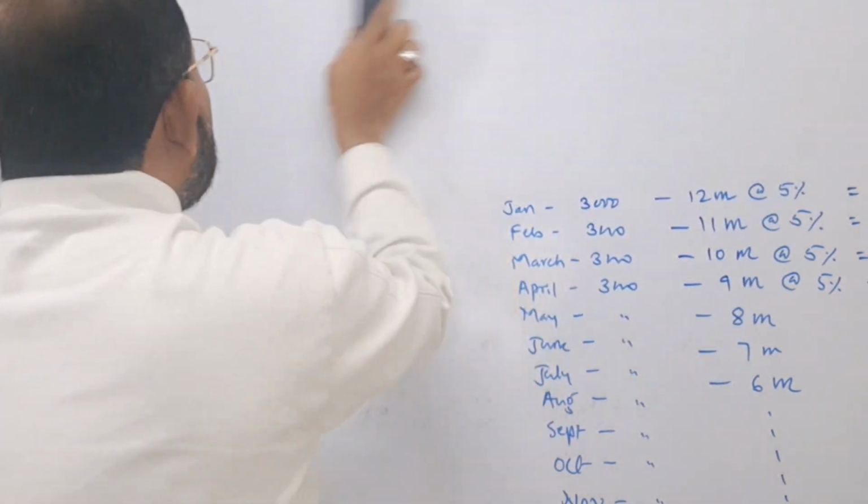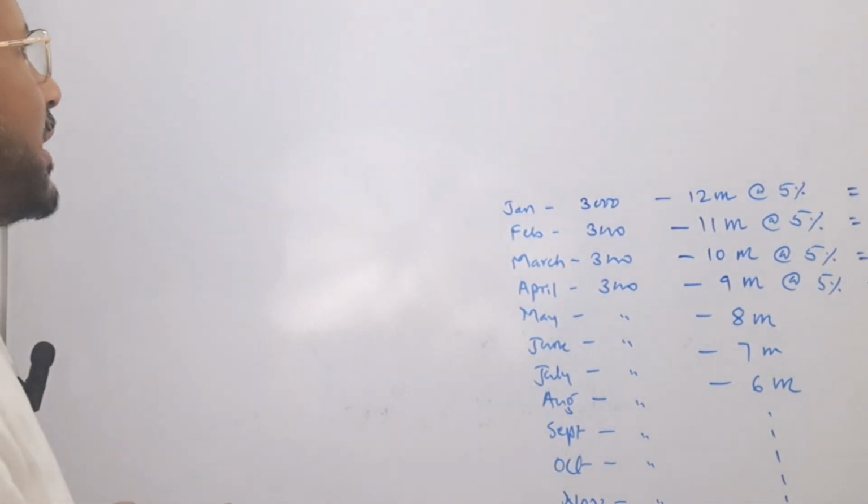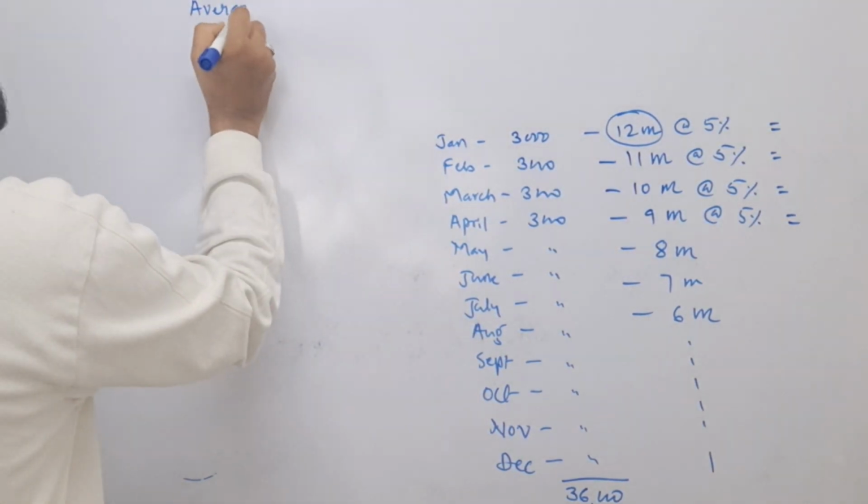What is that formula? Try to understand. In the next class, I will take the problem and we will solve that one. Here, the average period is calculated by applying this formula. Try to understand.